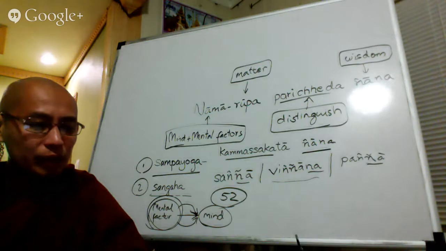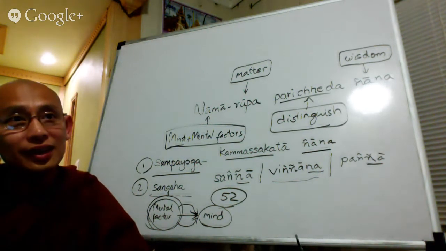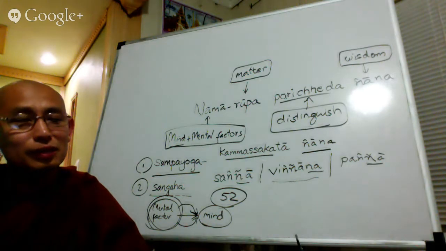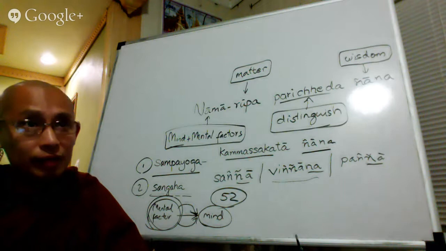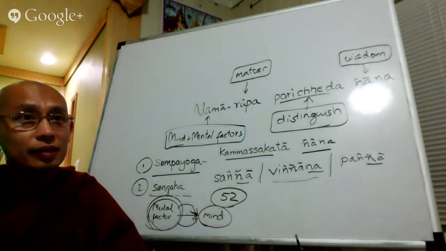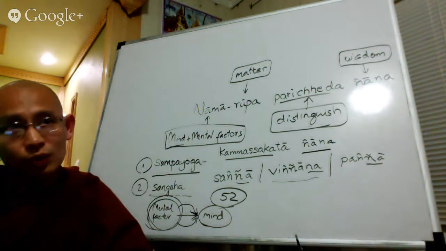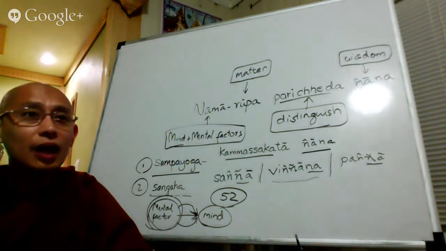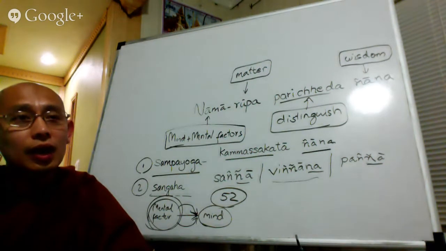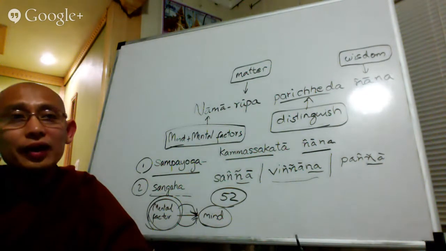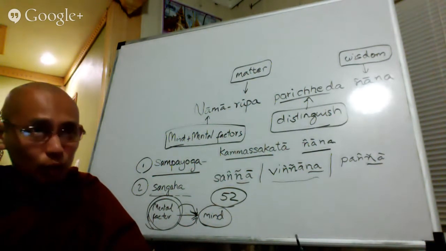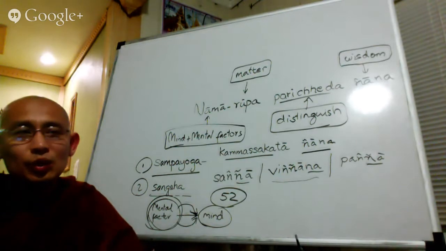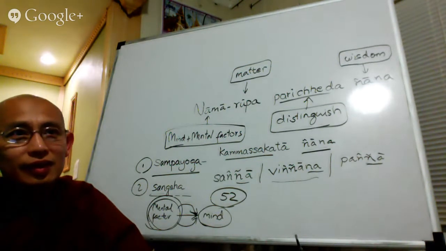Dvi pancha vinnana, we call it the 2-5 sense consciousness. Sense consciousness means eye, ear, nose, tongue, body. It means akusala vipaka and kusala vipaka.